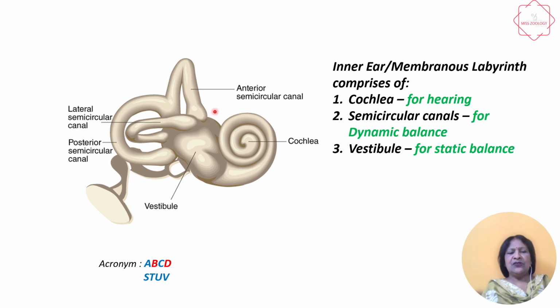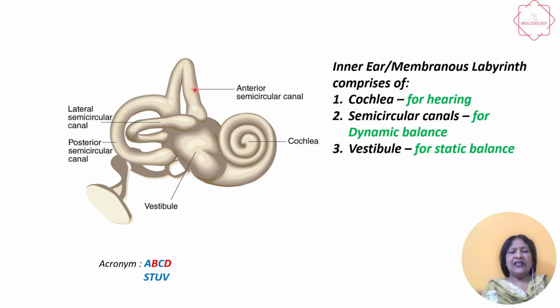In the semicircular canals, where we have the ampulla, these ampulla have specialized hair-like structures with stereocilia covered by a gelatinous structure.